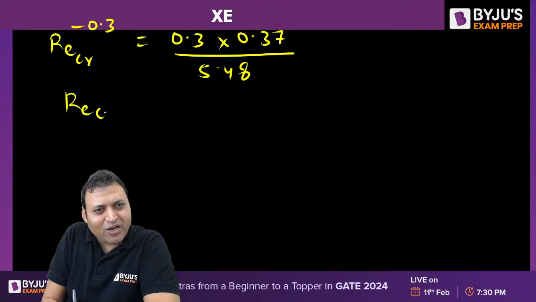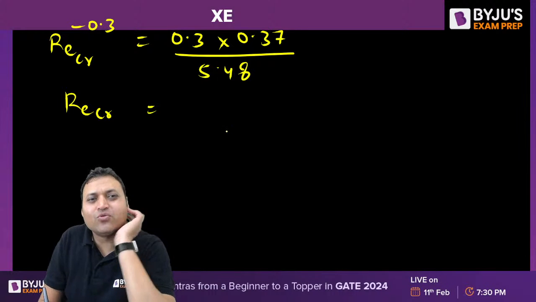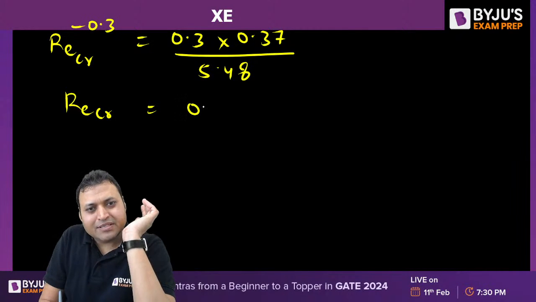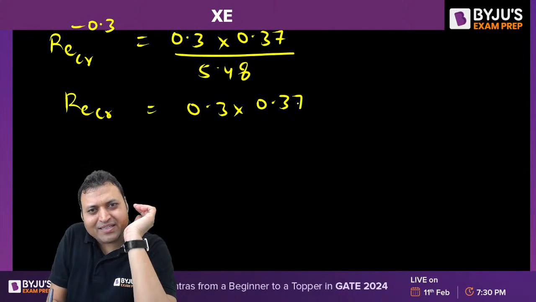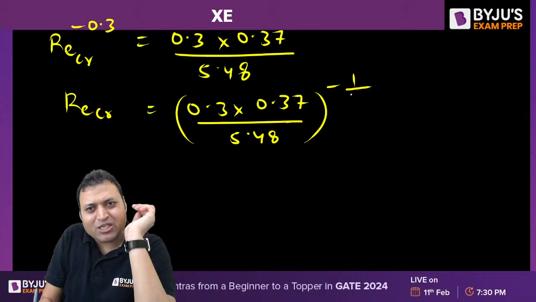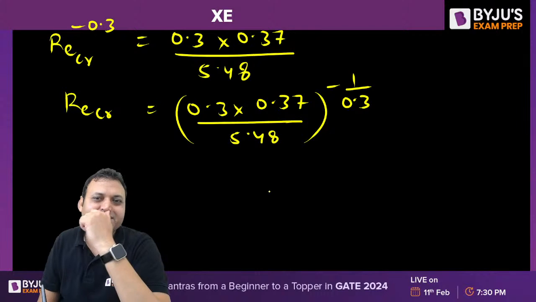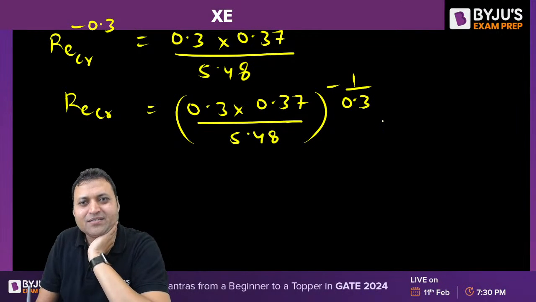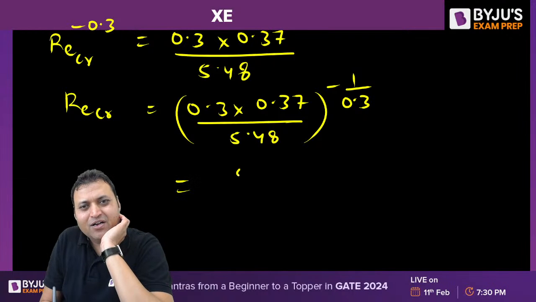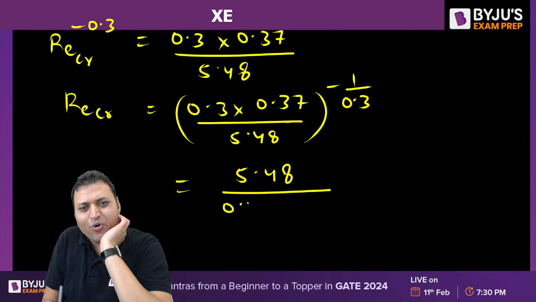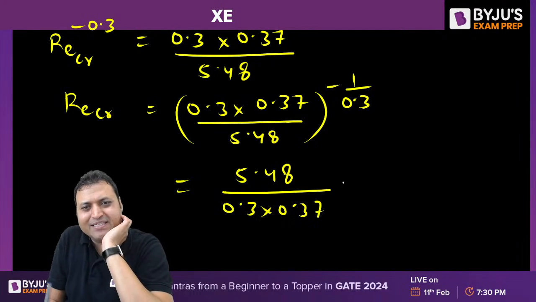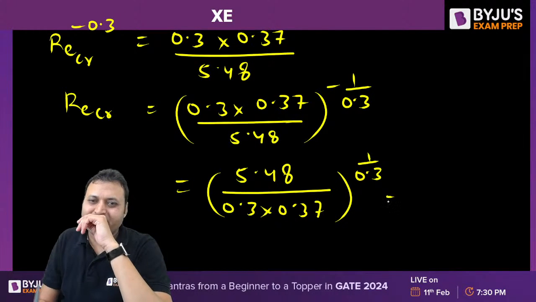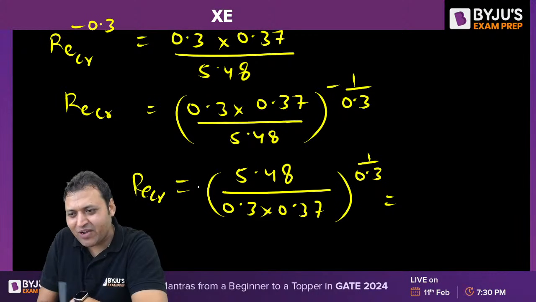Critical value of Reynolds number is equal to 0.3 into 0.37 upon 5.48 to the power minus 1 upon 0.3, isn't it? Or we can say 10 by 3. Or we can say 5.48 upon 0.3 into 0.37 to the power 1 upon 0.3. So that will give you the answer. That will be the critical value of Reynolds number.